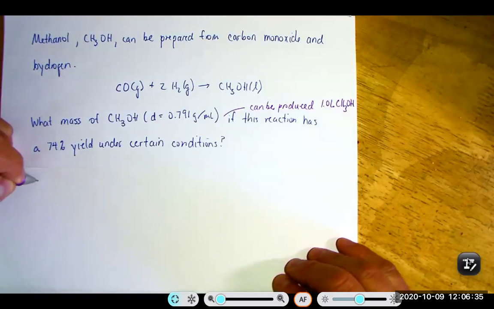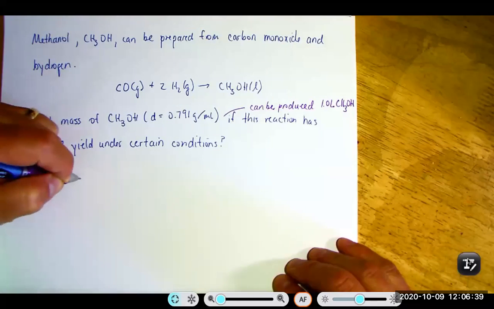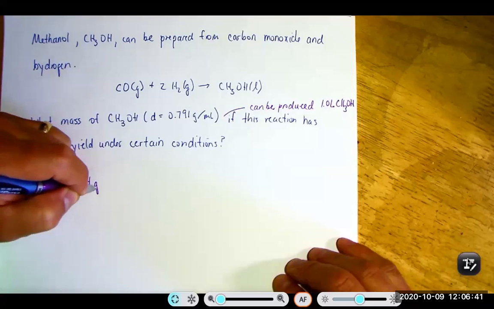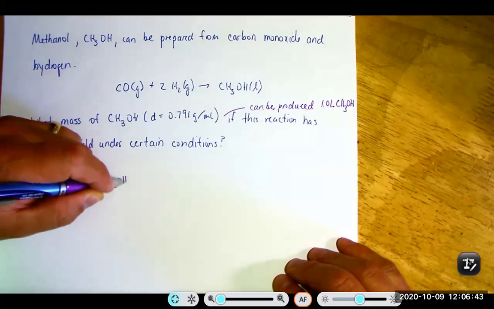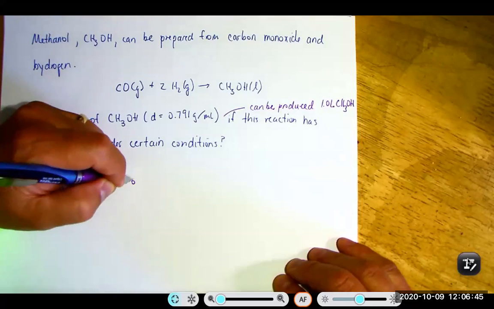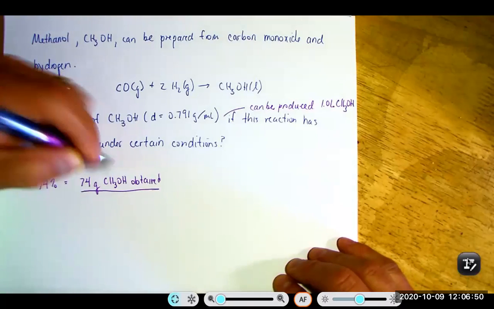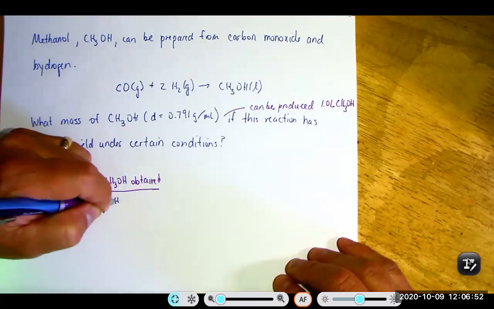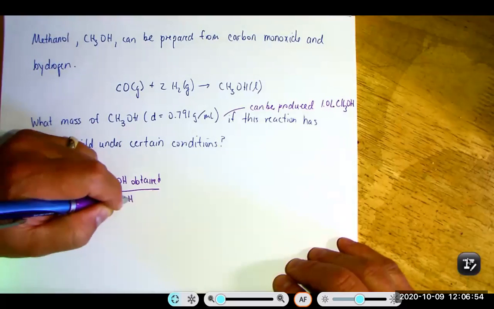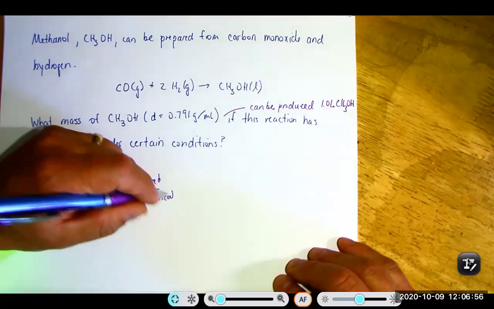So 74% is equal to 74 grams of methanol obtained per 100 grams of methanol theoretical. Okay?